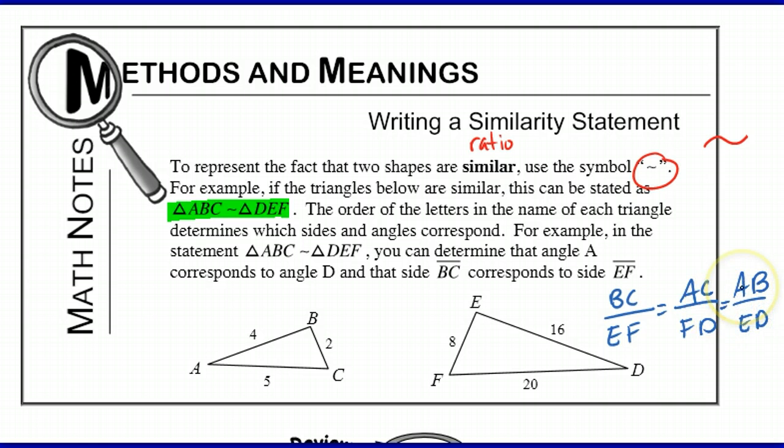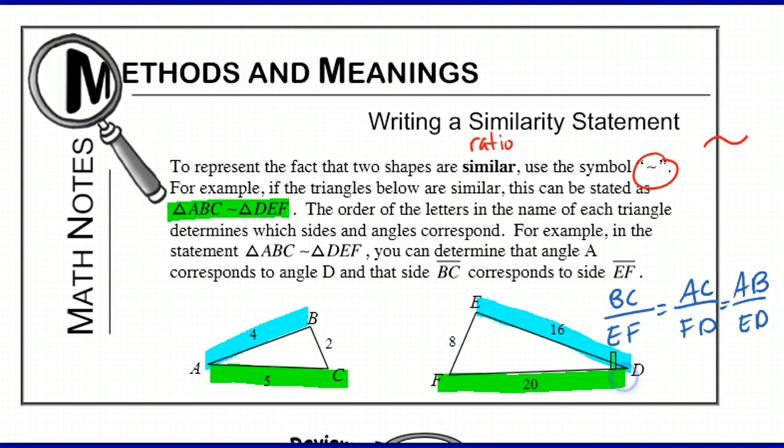So now let's color code the picture to help make this make a little more sense. So AB, ED, AC, FD. And let's go BC and EF. So those are all the parts we're saying are similar to each other.